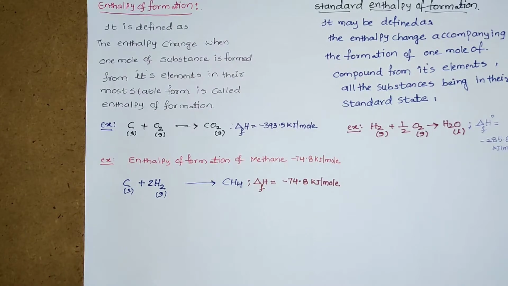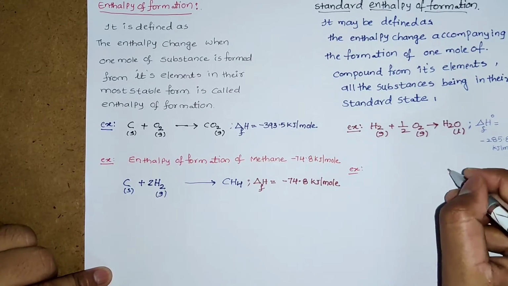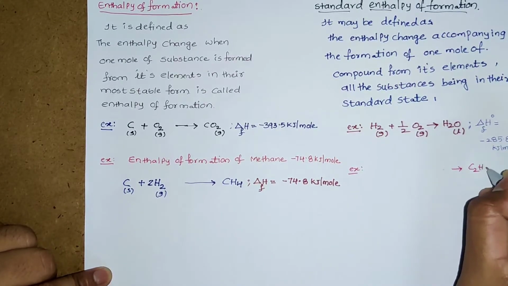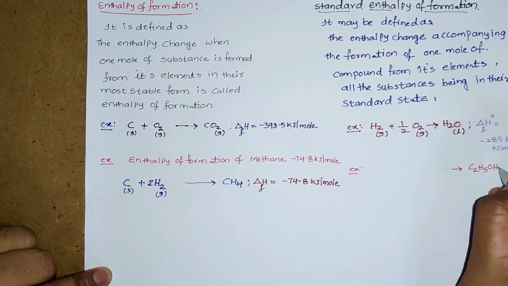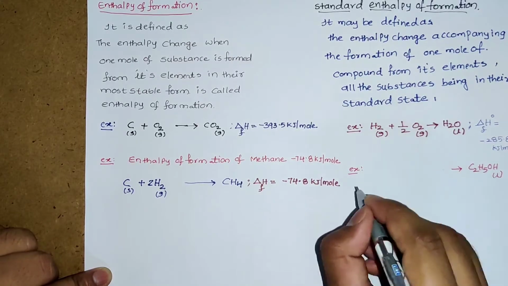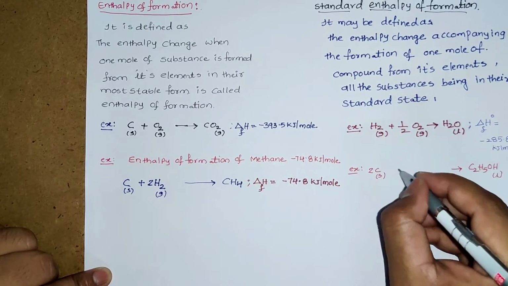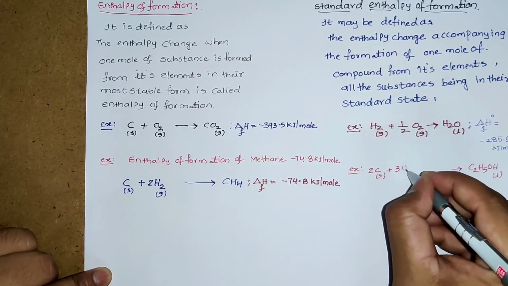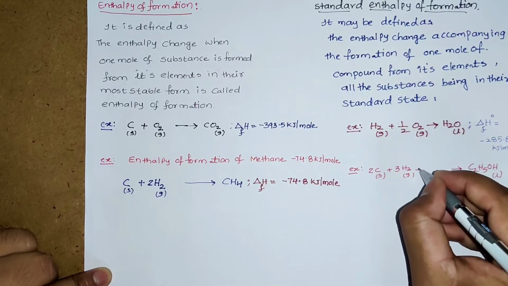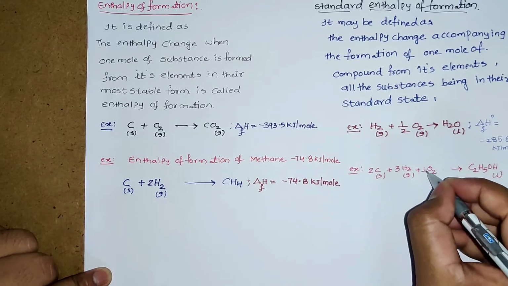Let us take another example, the formation of ethyl alcohol, liquid C2H5OH. So what are the elements? 2 carbon atoms. How many hydrogen atoms? 6. The most stable form of hydrogen is H2, so 3H2 gas. Oxygen, only 1 oxygen is there. The stable form of oxygen is O2, but here only 1 is there, so we make it half O2.